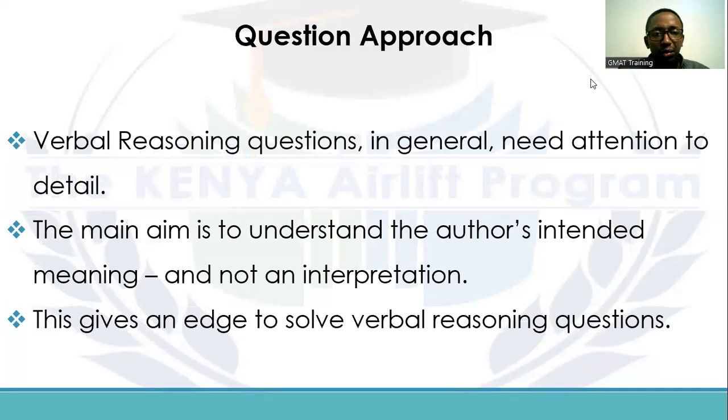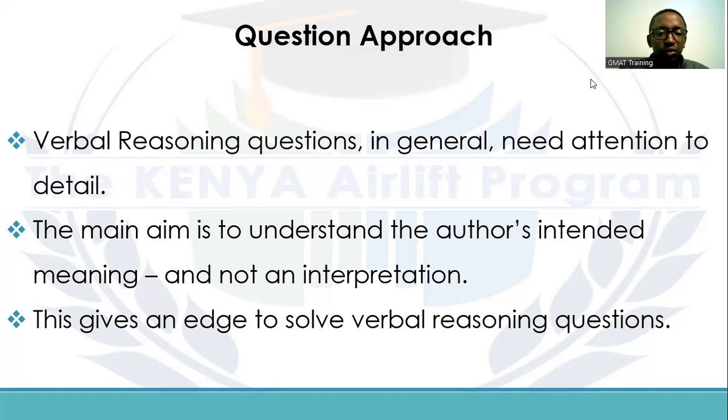So how do we normally approach verbal reasoning questions? One, we know we need a lot of attention to detail because one word makes all the difference. So we need attention to detail, and the main aim is usually to understand the author's intended meaning. So this is where we have to be careful when paraphrasing.